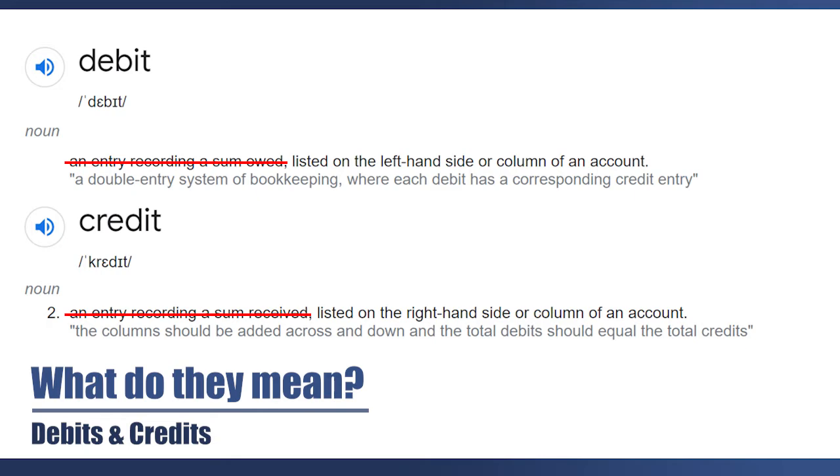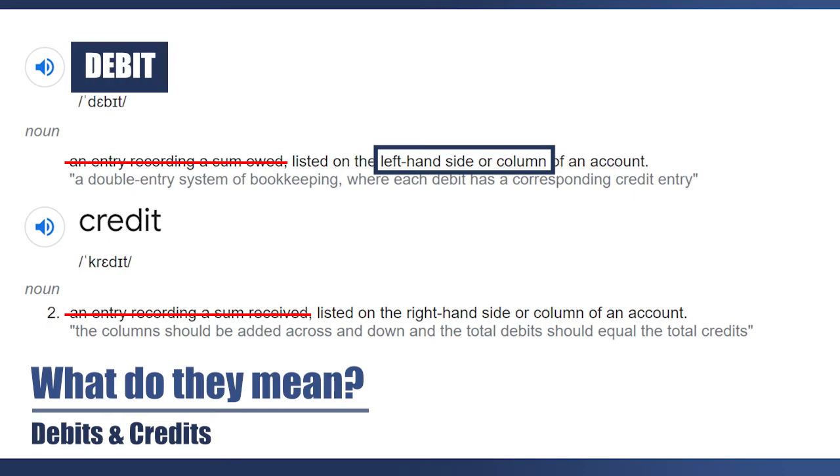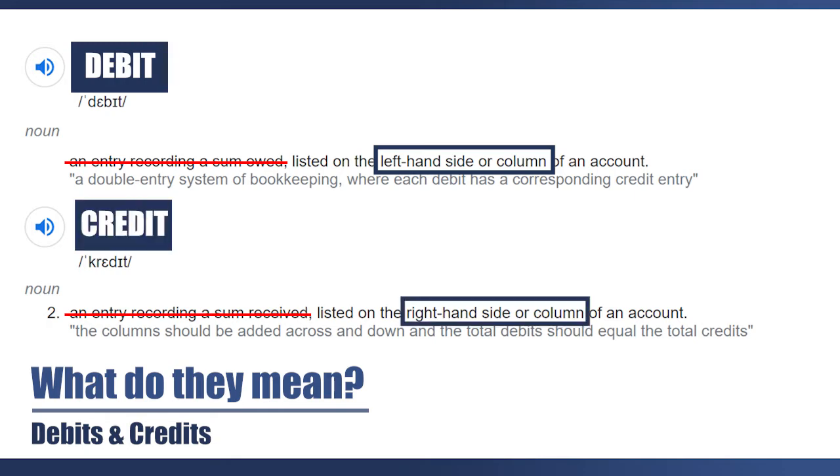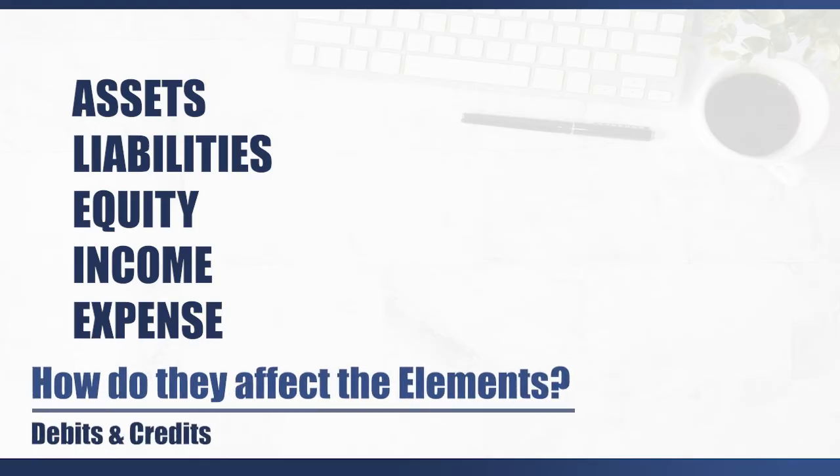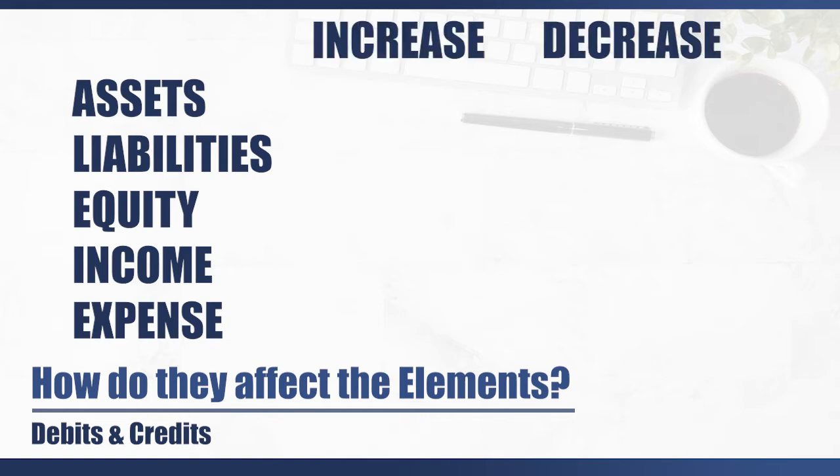For me, a better way of thinking about it is just remembering that debit is the left side and credit is the right side, and more importantly, understanding the effects of these left and right sides on the elements of the financial statements. In the journal entry creation and the posting process, the debits and credits simply either increase or decrease an account depending on the element on which they belong to.